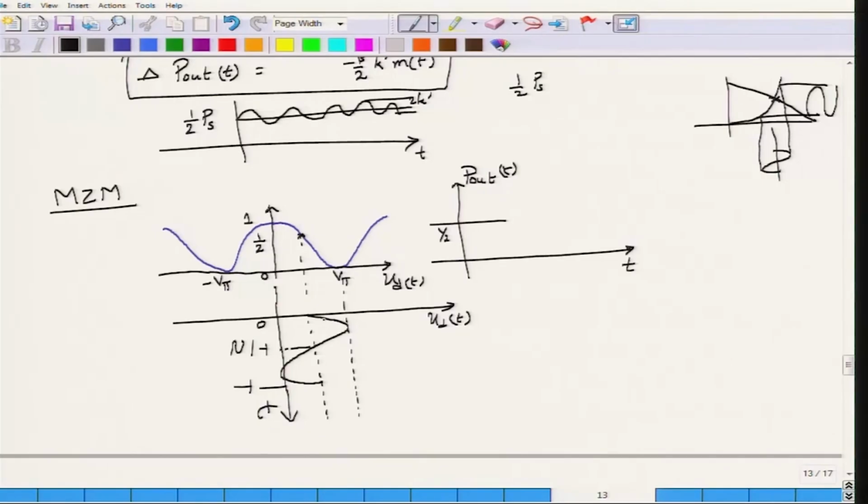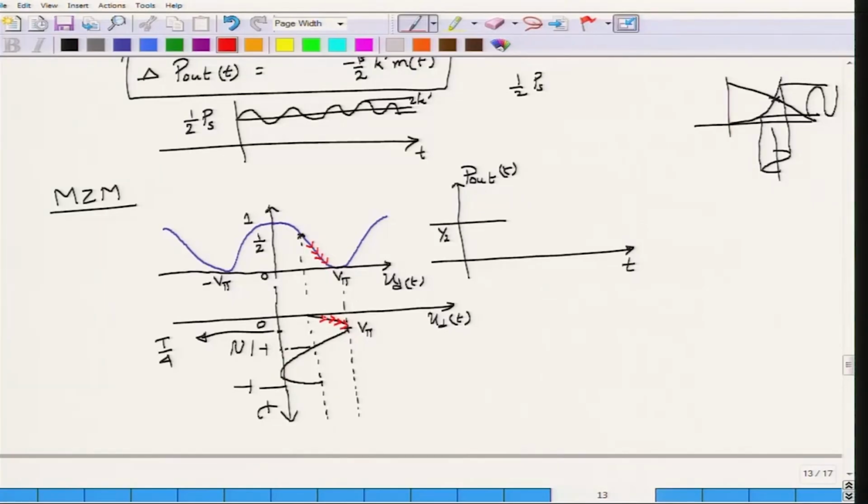Okay. Then what happens? As ud of t continues to rise here and reaches a maximum value of V pi at T by 4, the corresponding change on the Mach Zehnder modulator transfer curve is that this would go down here. As this increases from V pi by 2 to V pi, the corresponding output actually goes down here, correct.